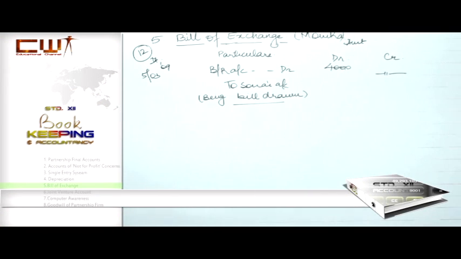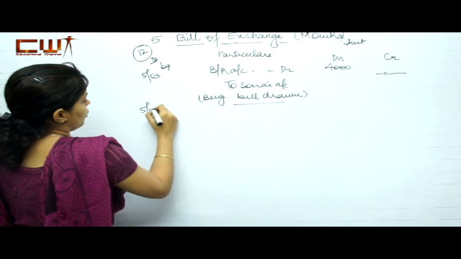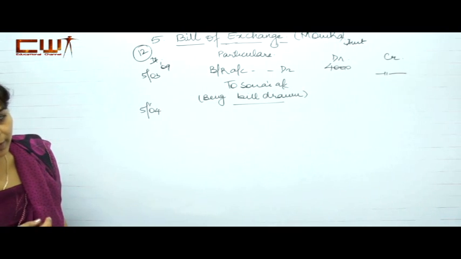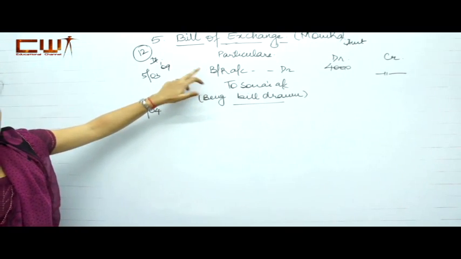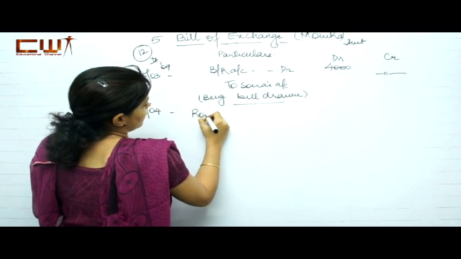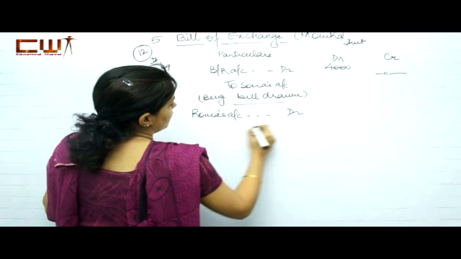Right? Next is for 3 months Monica endorsed the same to Roma in full settlement of her account of rupees 4,500 on 5th of April. So 5th of April, what is being done? Roma is getting the bill. Alright, you are giving the bill of exchange to Roma. So who is now next the holder of the bill? Roma. Roma's account debited.